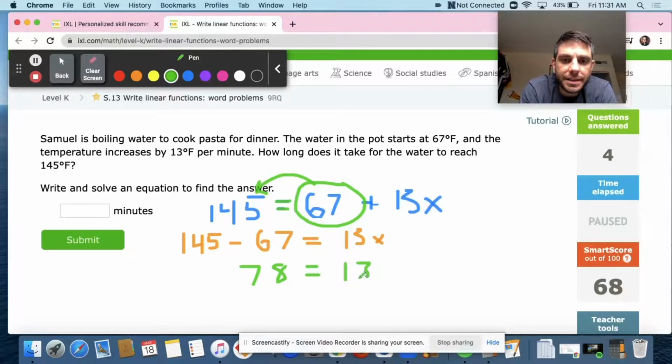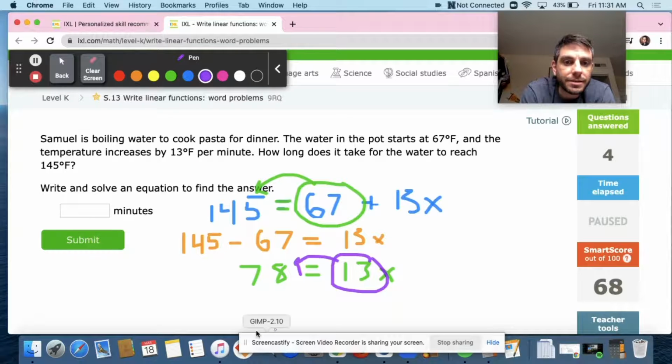Now the 13 that's in front of the x is the other number we need to move over. The 13 is being multiplied by x. So 13 is a multiplication number on the right side of the equal sign. So when we move it, it's going to become a division number when we move it over to the other side. So it's going to look like this.